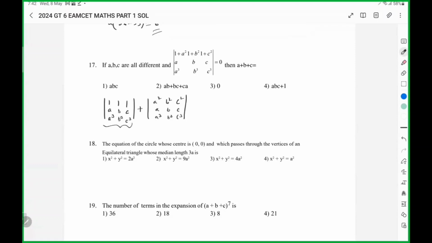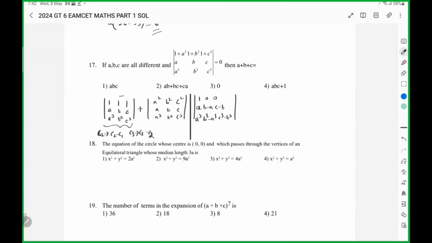For this determinant, apply C2 replaced by C2 minus C1, C3 minus C1. Then the first determinant reduces to 1, 0, 0, A, B minus A, C minus B, and A cube, B cube minus A cube, C cube minus B cube.